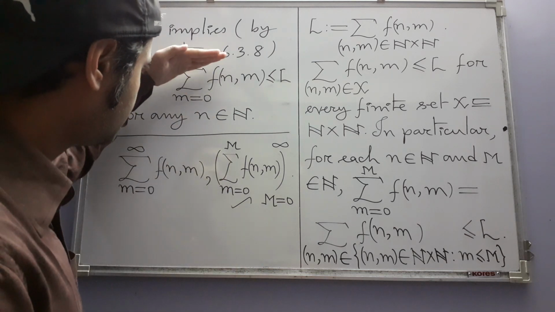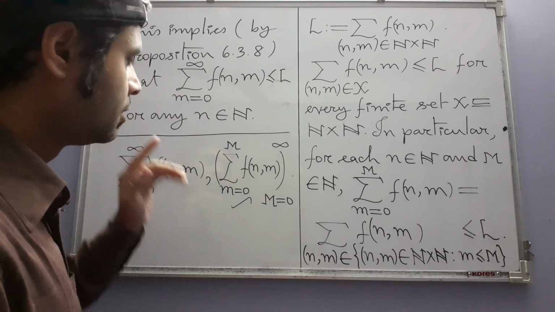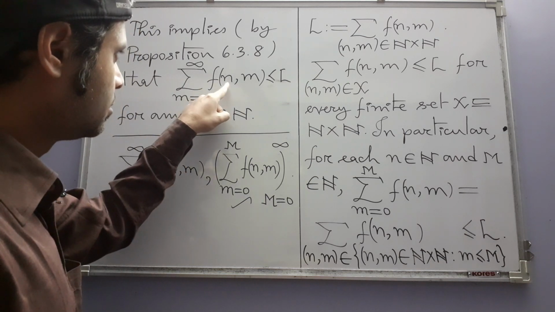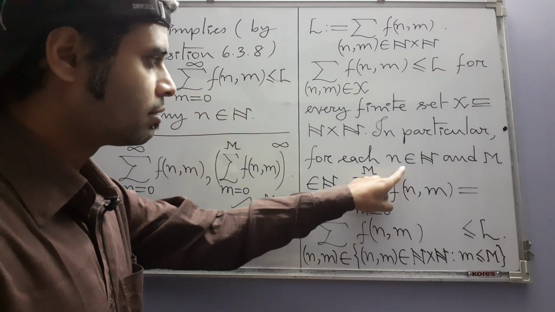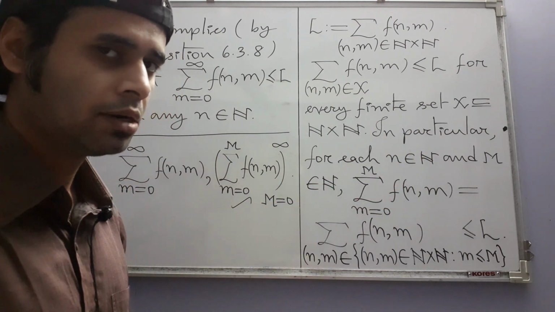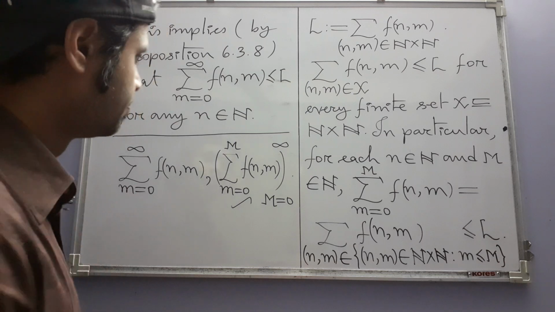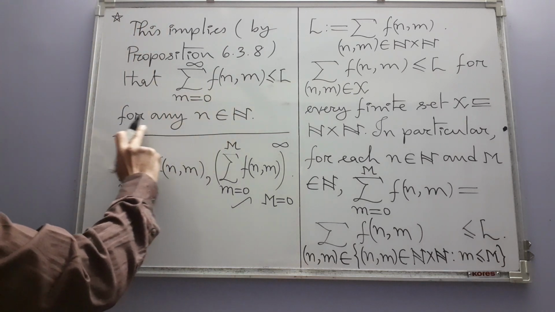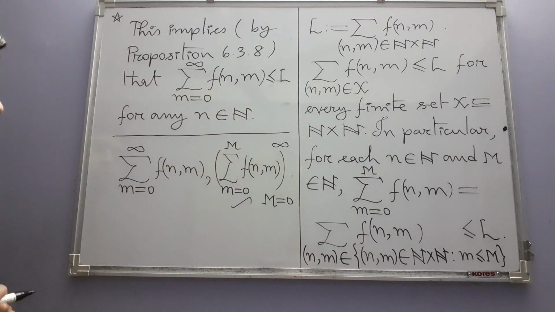Okay, so that's how we get this conclusion. And note one thing, that it is true for n, and n is any arbitrarily chosen natural number, so it will be true for any n actually. So that's why we have written this for any n belonging to N.